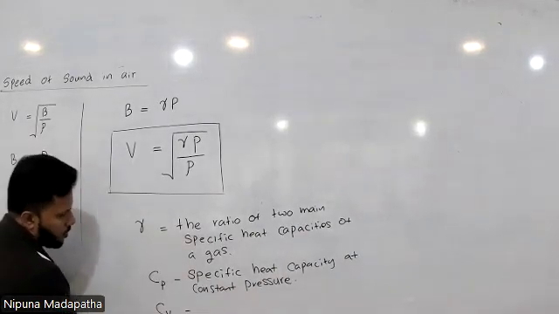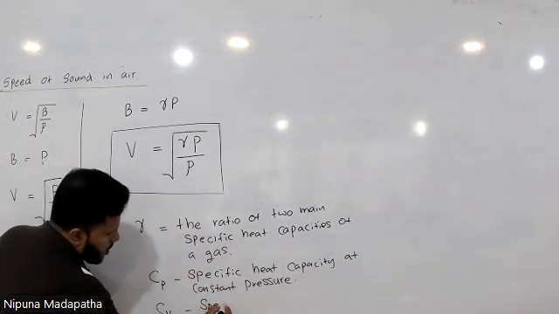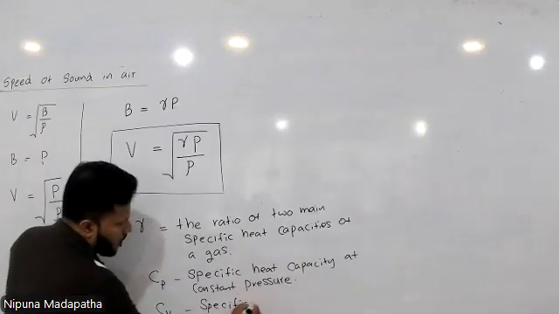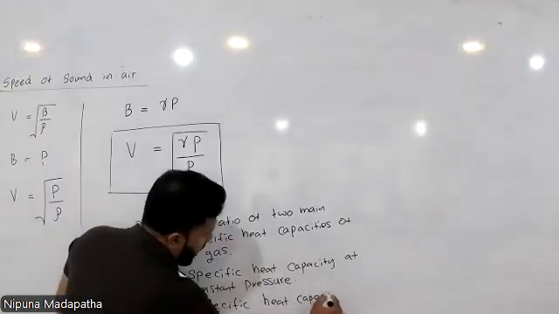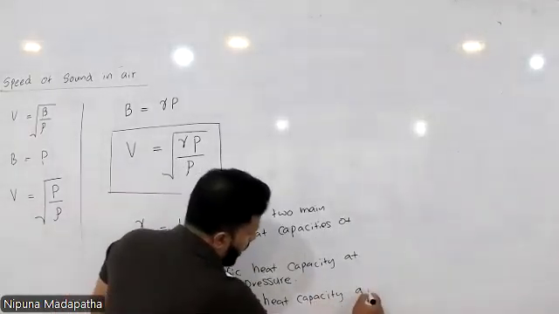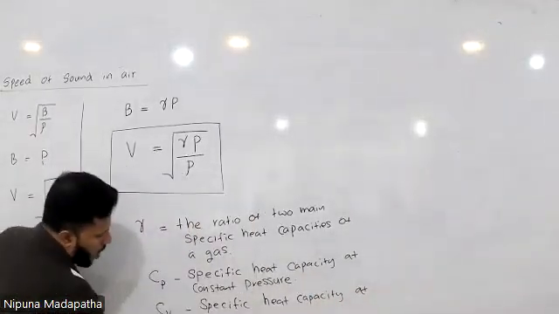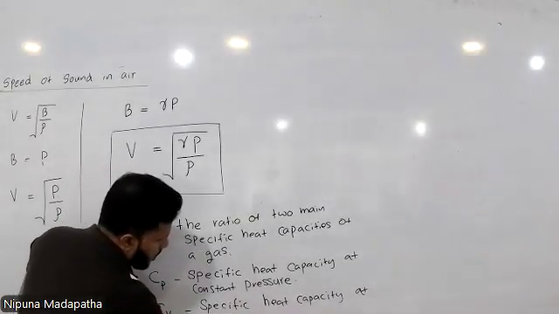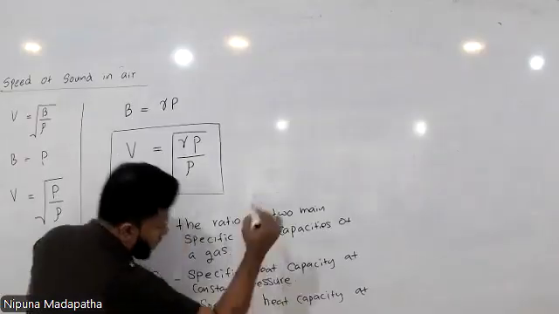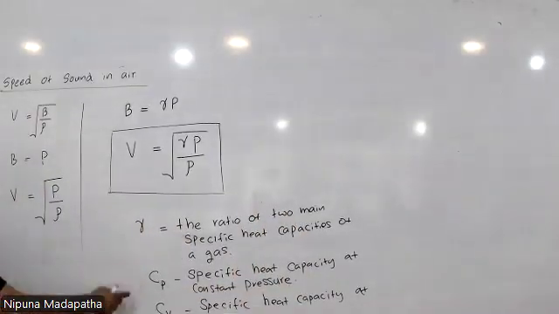Then Cv is the specific heat capacity at constant volume. These are the two main heat capacities of a gas.